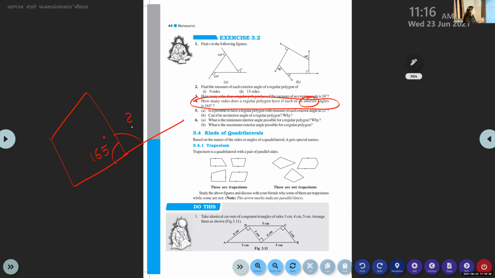How will you find it? 180 minus 165, because these two are linear pairs. Clear, children? You will get 15. Now divide 360 by 15, you will get 24 sides.